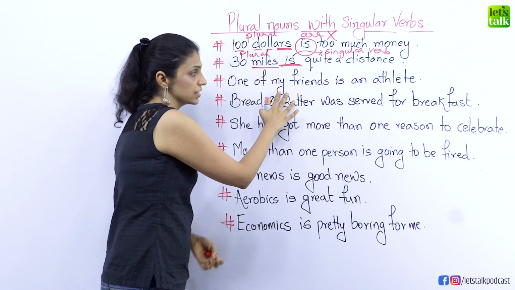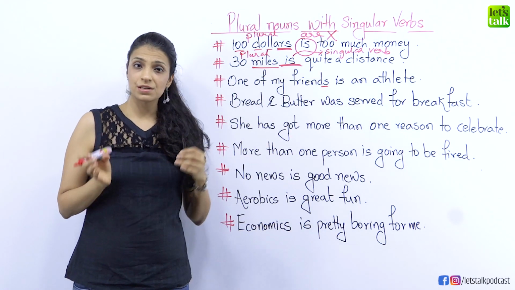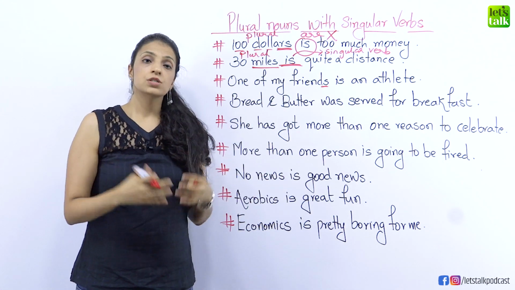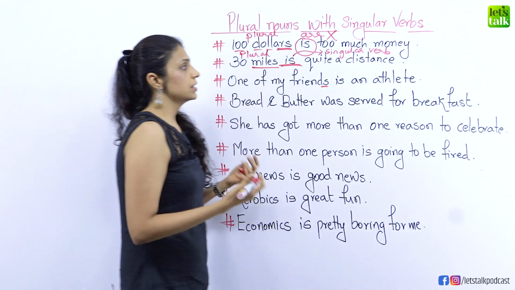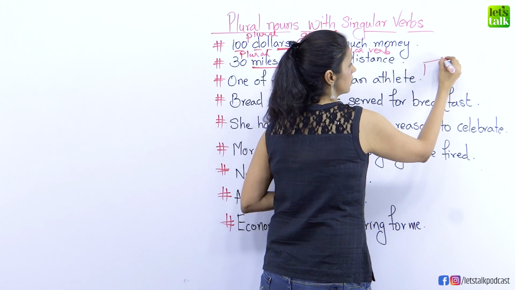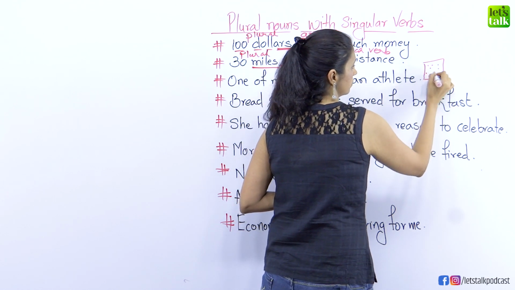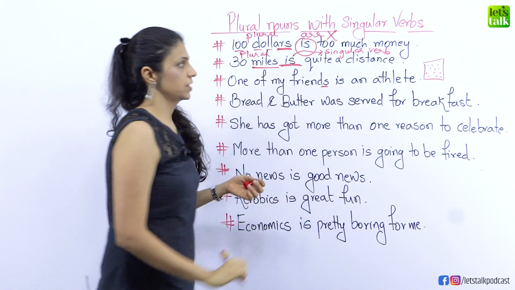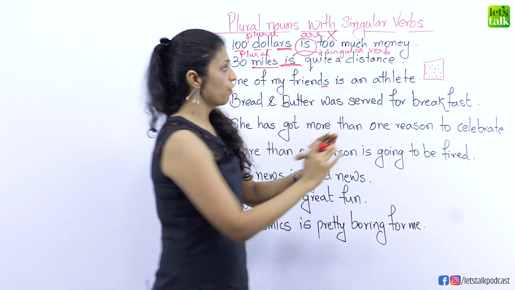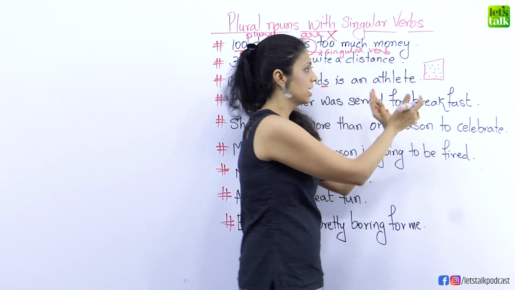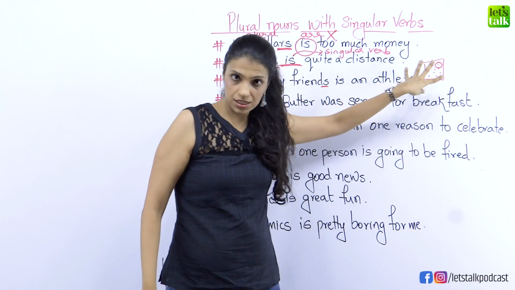One of my friends, okay, now, first of all, let's deal with one of my. So, when you talk about one of my, let's take an example over here. There are many dots, but if I want to tell you one of many, so one of the dots.